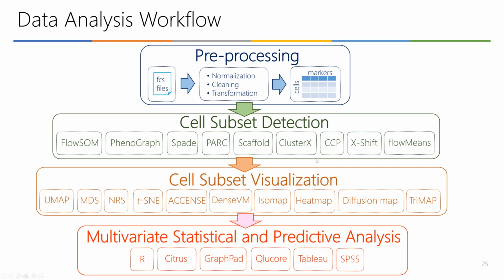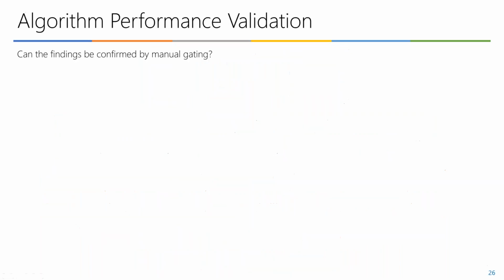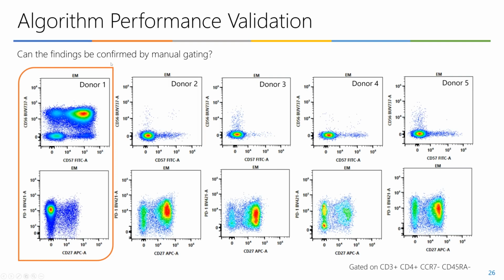Really great is that for some of the options we will see, you can add metadata, sample information, and clinical information, which is important to make correlations between the clusters and the clinical response, for example. An important last step is that after you get any findings using any of these algorithms, you can confirm the finding by using manual gating.